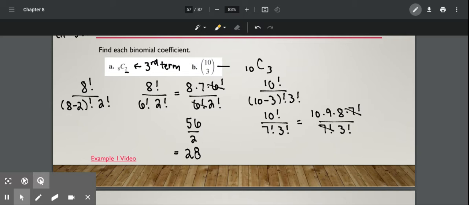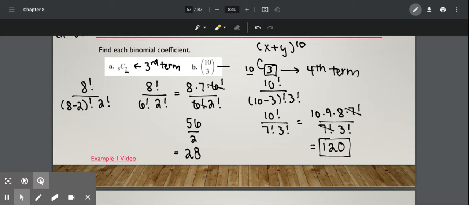So those 7 factorials cancel, and there's a way you can really simplify this down. If you solve for that, you just get 120. And because this is a 3, we're looking at our fourth term. If this was x plus y to the 10th, the coefficient in front of our fourth term would be 120.